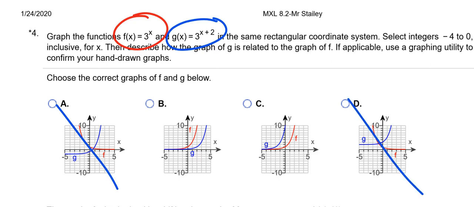So we really only have two choices here. Right now, decide what you think the choice selection should be, based upon what you think you see in the function. Decide what letter G is doing to the graph. Is it moving? Which way is it moving? And then pick a graph that moves the red one to the blue one the correct way. So that's up to the next one.